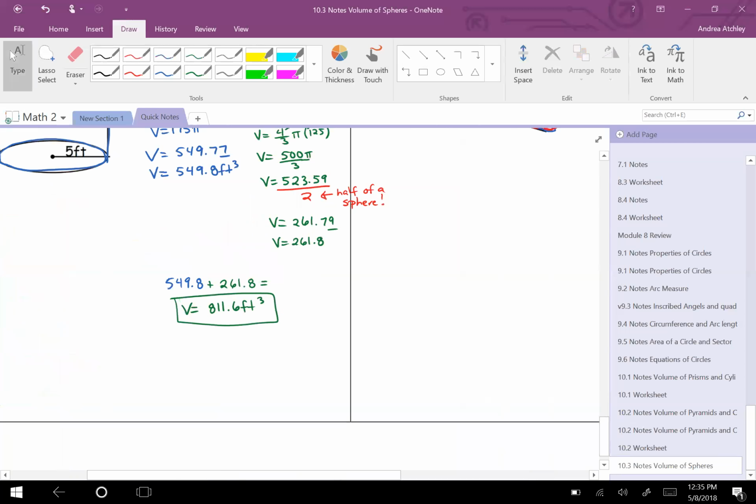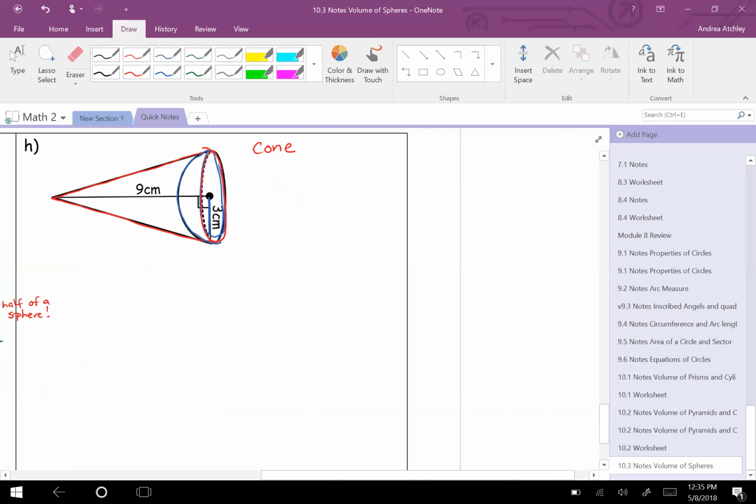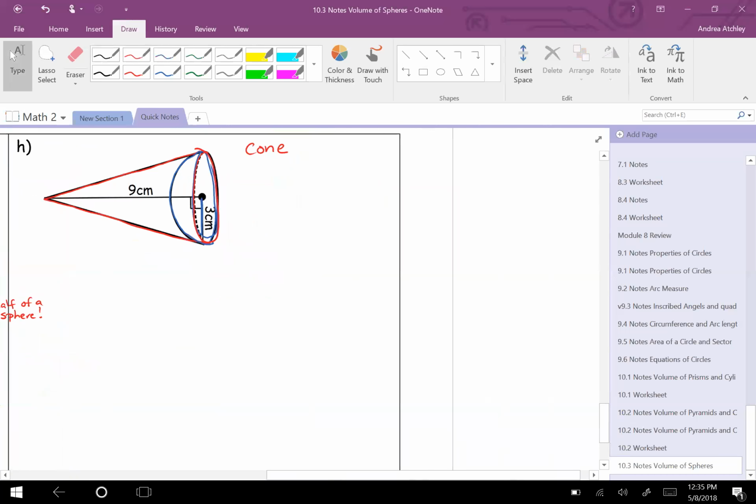Here we added the two together. Very good, because the cone is concaved, so I have to take away the volume of that hemisphere. So you're going to do the cone minus the hemisphere at the end. Does that make sense? Okay. Homework.